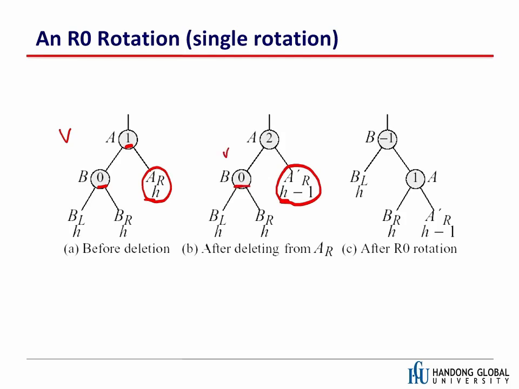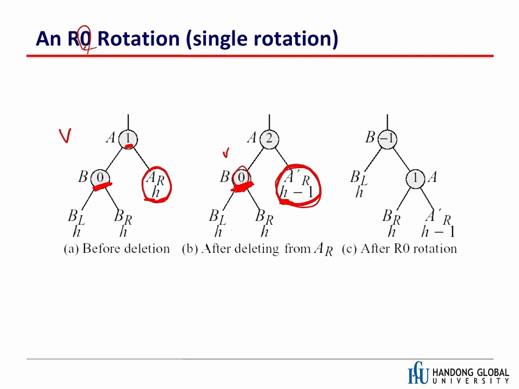We didn't touch this subtree, so the BF of B is 0, and still it is 0. This 0 is coming from this. Then what should we do?